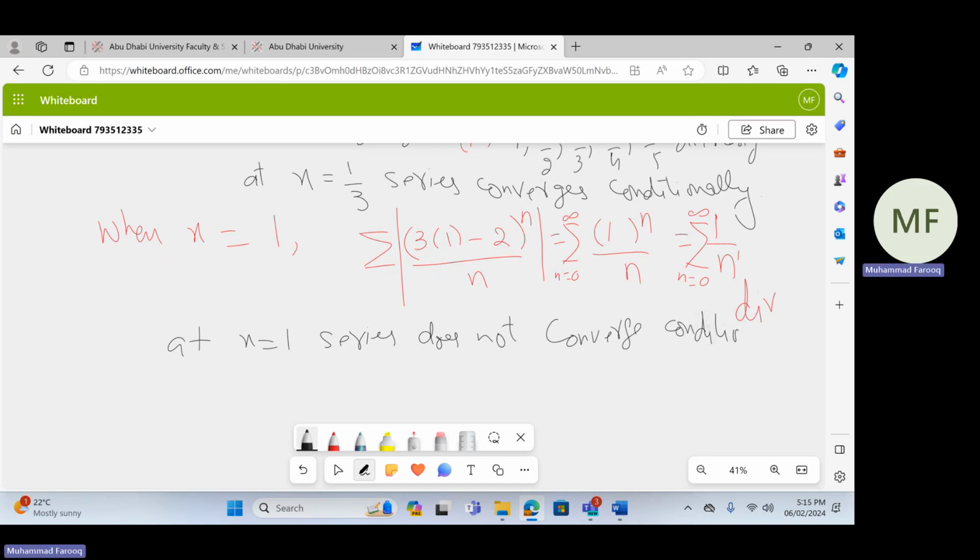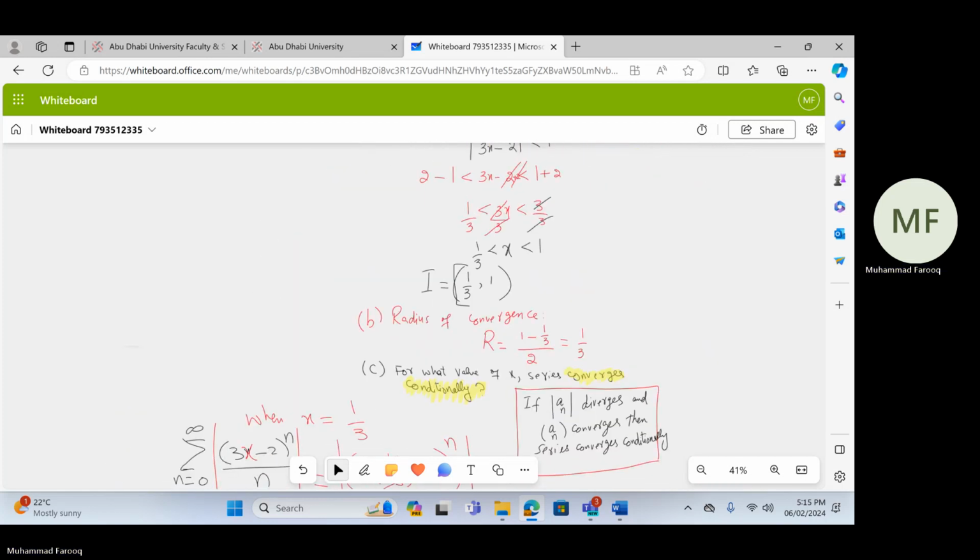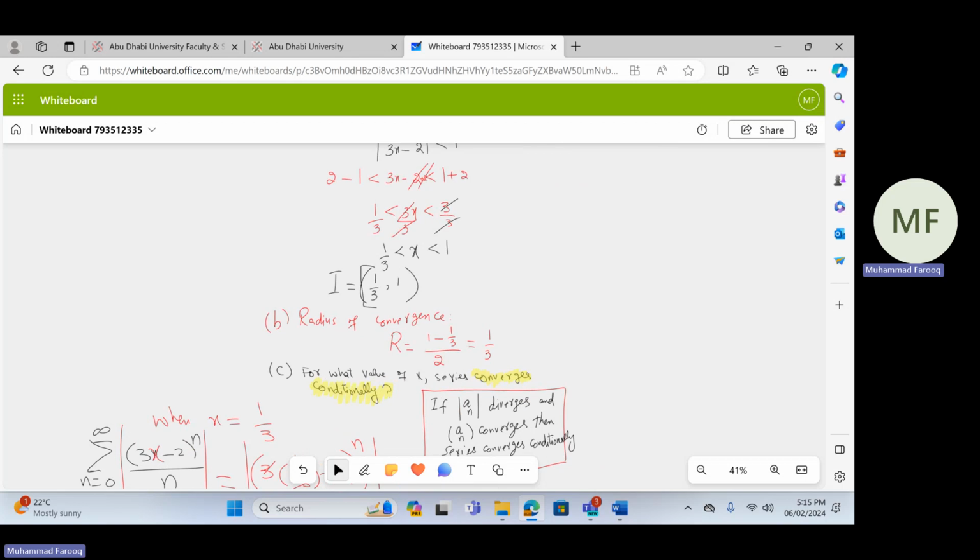So in that form, do you know what this interval is called? One side open, one side closed.